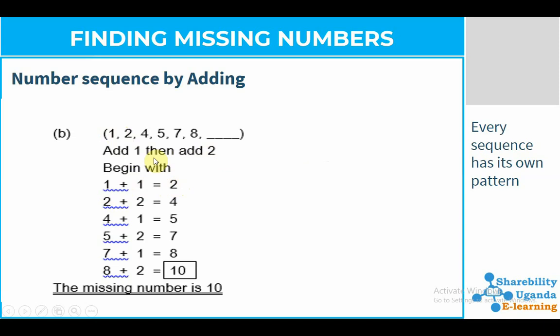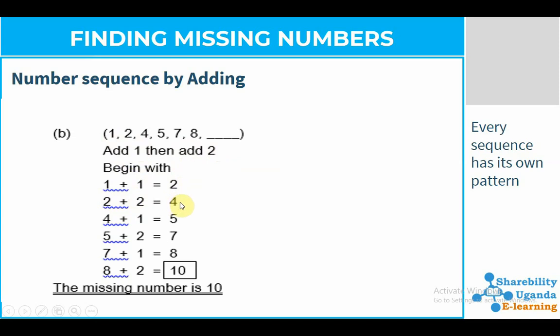Then they are saying then add 2. After you have added 1 plus 1, you add the answer plus a 2. The answer was 2, plus the 2 which they have said that we should add.